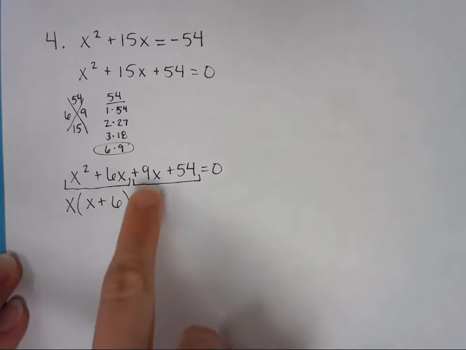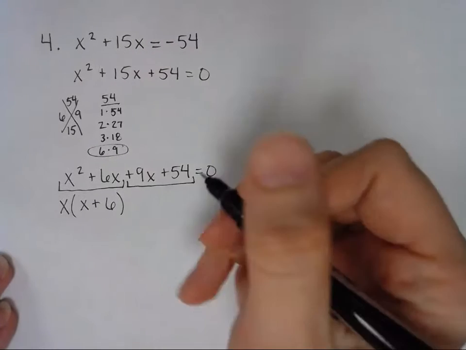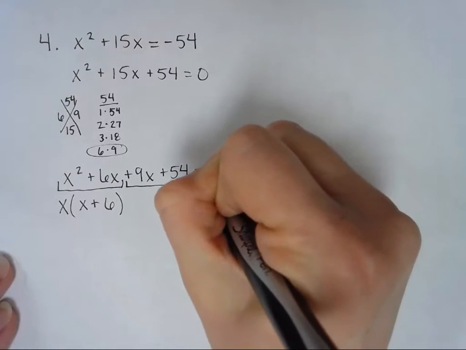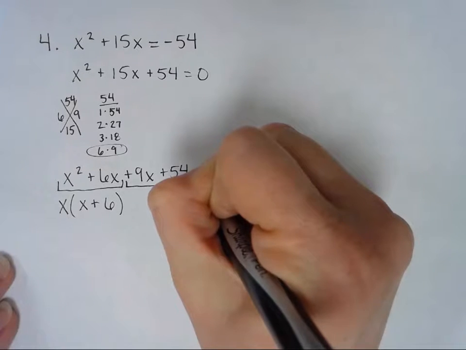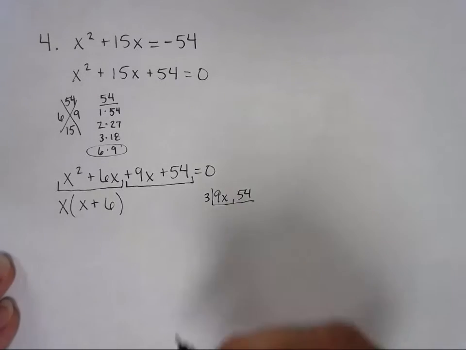Now let's look at the second group, 9x and 54. If you need to do the prime factorization, divide by prime numbers until you can no longer divide by prime in order to find the GCF.